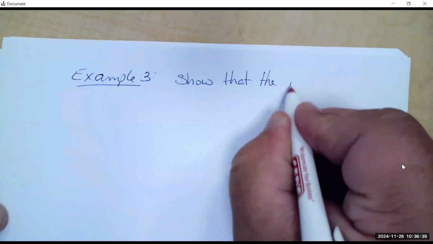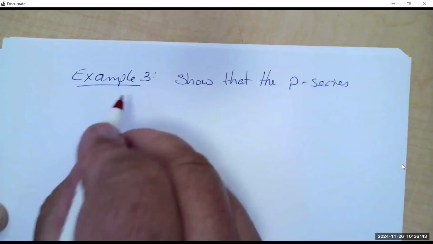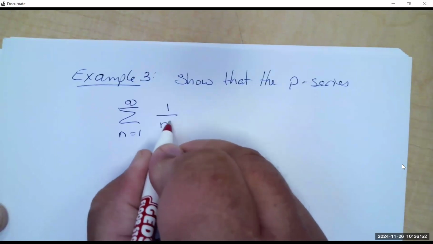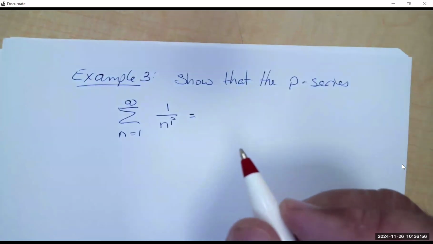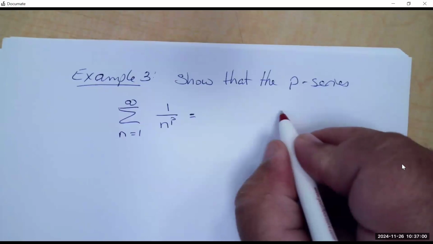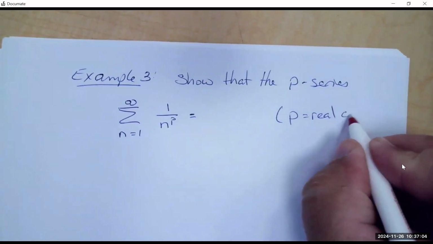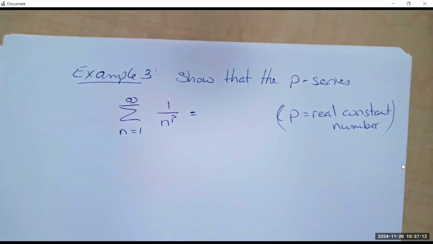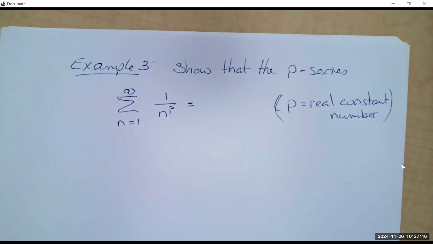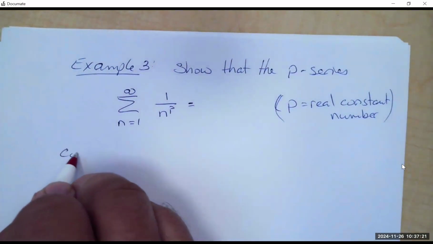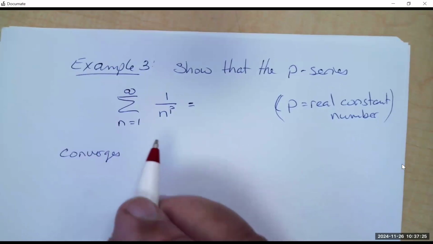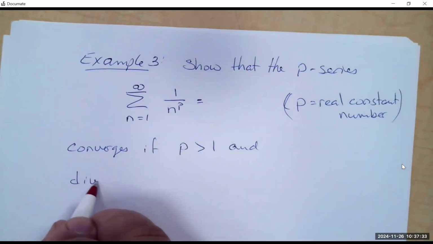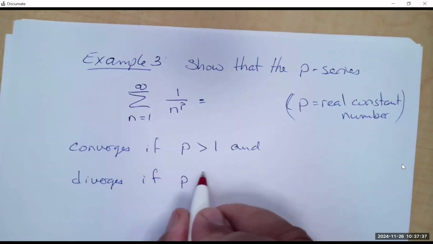Show that the p series, which is the sum from n equals 1 to infinity of 1 over n to the p, where p is a real constant number, converges if p is greater than 1 and diverges if p is less than or equal to 1.